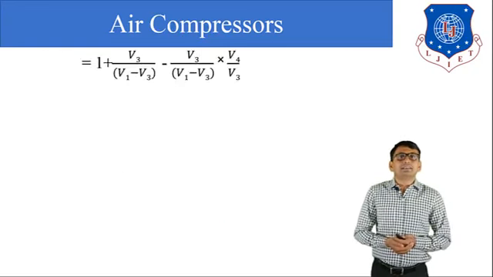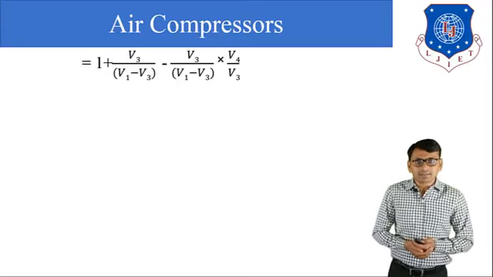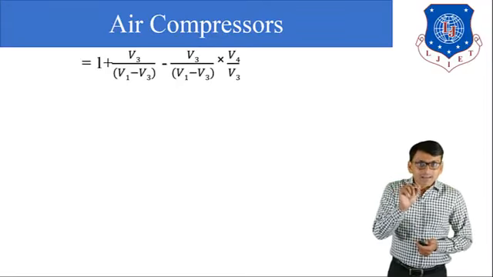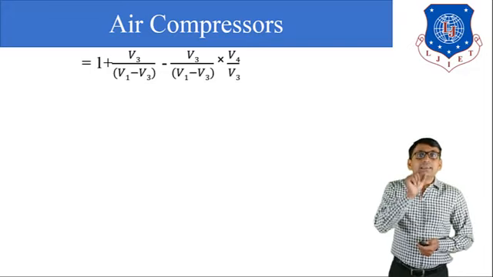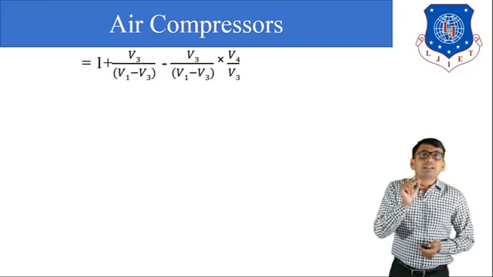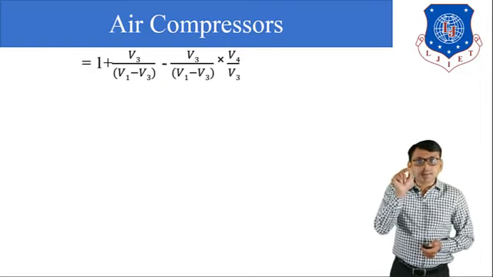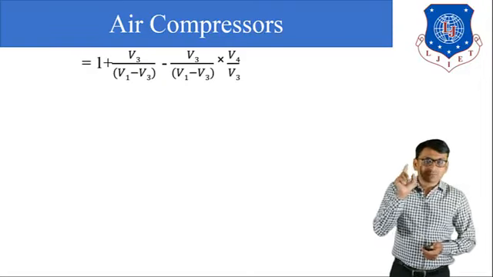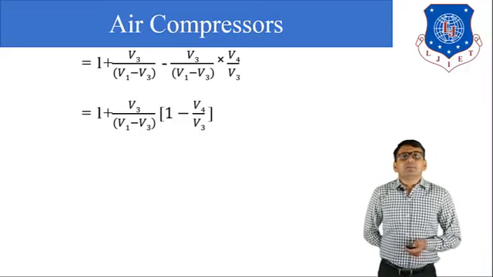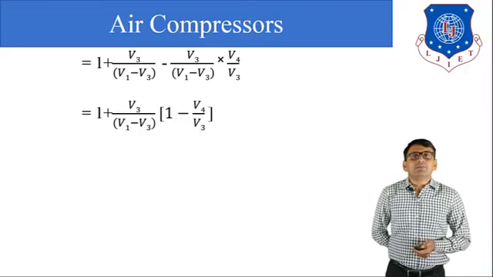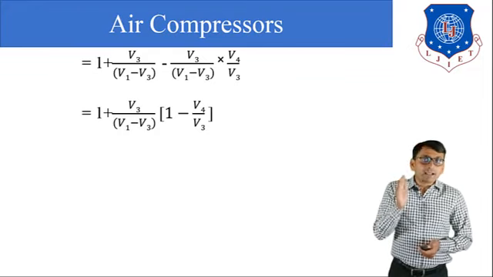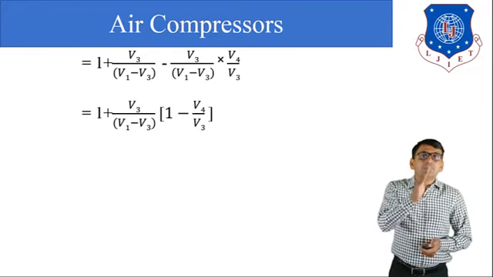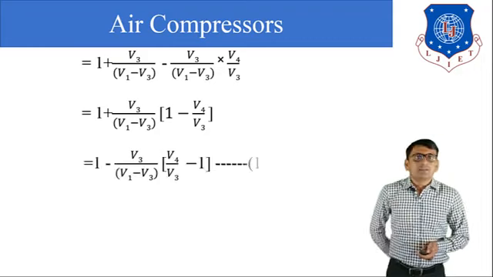So we get 1 plus V3 divided by (V1 minus V3), minus V3 divided by (V1 minus V3) into V4 divided by V3. Taking V3 divided by (V1 minus V3) common, we get in bracket 1 minus V4 by V3.